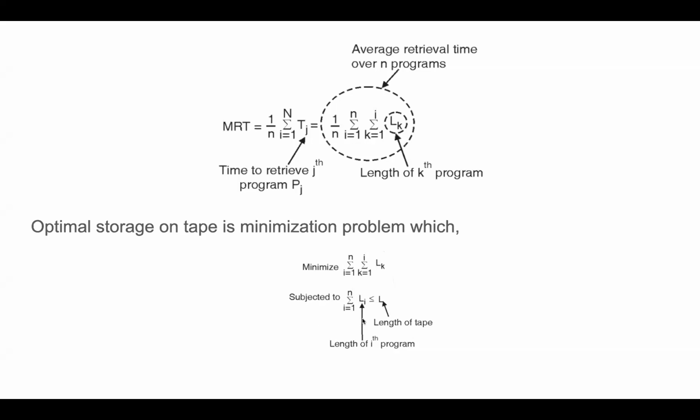The length of the programs should be less than or equal to the length of the tape. The length of all programs on the tape, I runs from 1 to n, the summation of all the lengths li should be less than or equal to the length of the tape. And there we have to minimize the mean retrieval time.